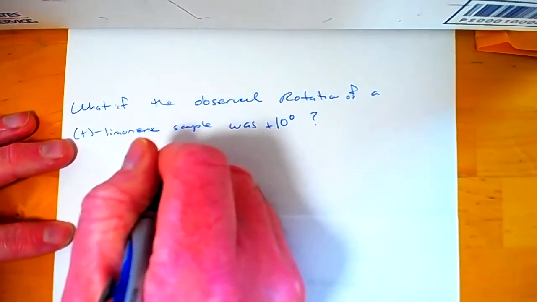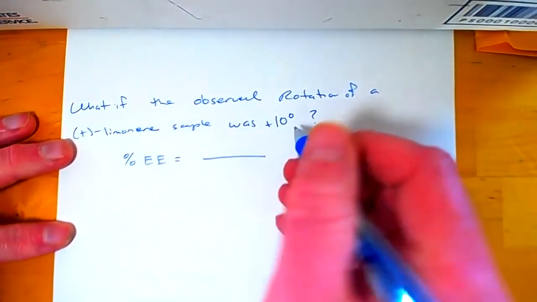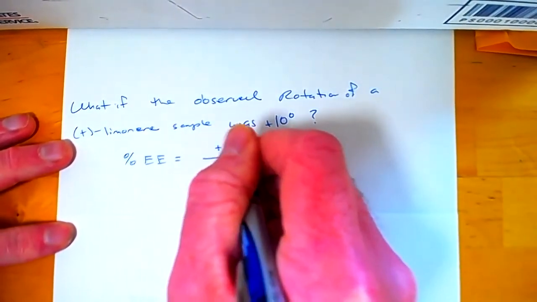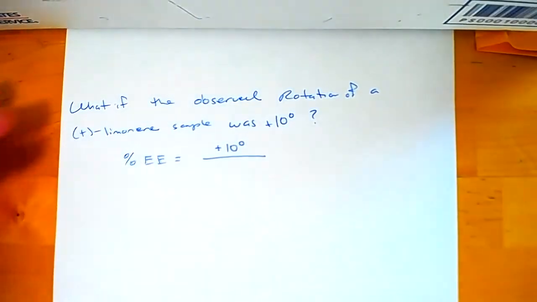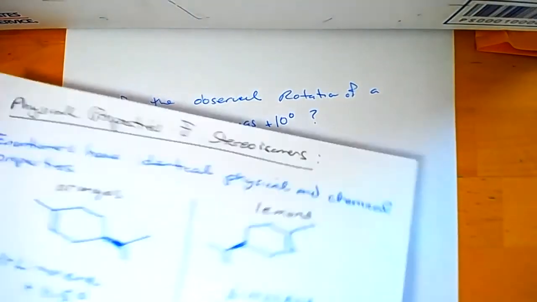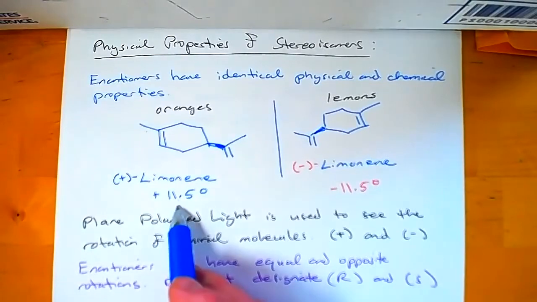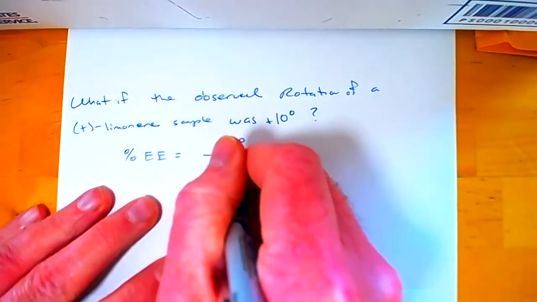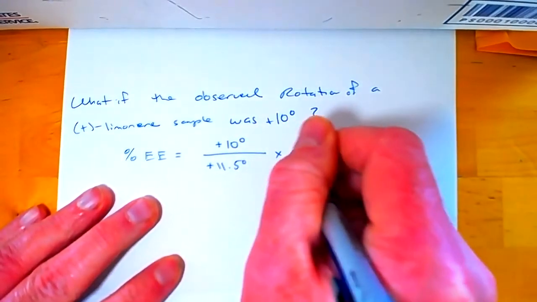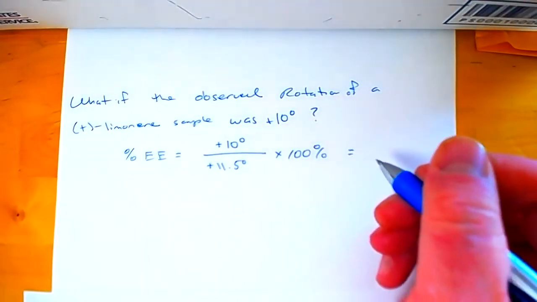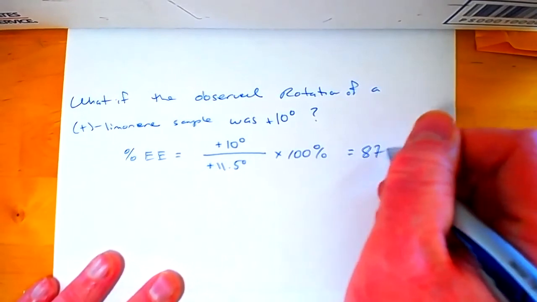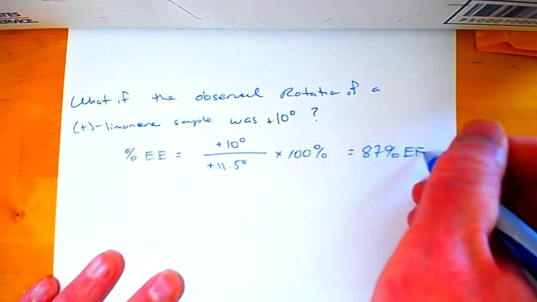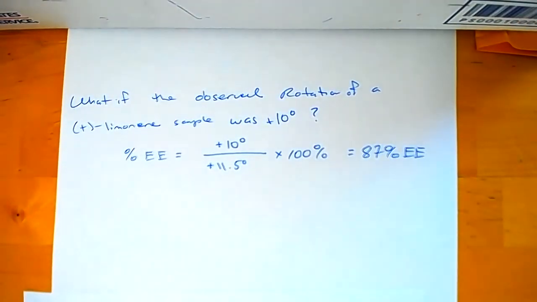Okay, so in that case, you have your observed sample is 10 degrees, and the pure enantiomer for positive limonene was positive 11.5, times 100%. And so this sample would be 87% enriched in the positive limonene sample, okay?